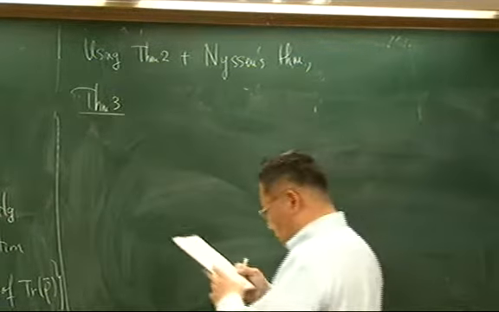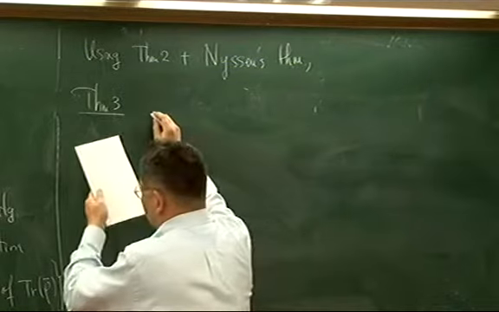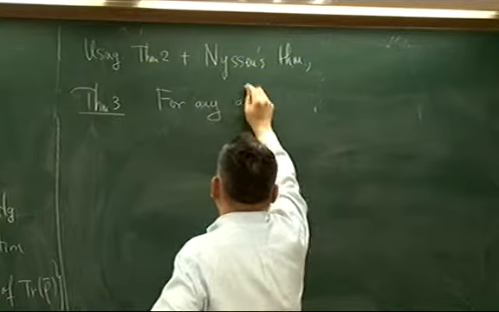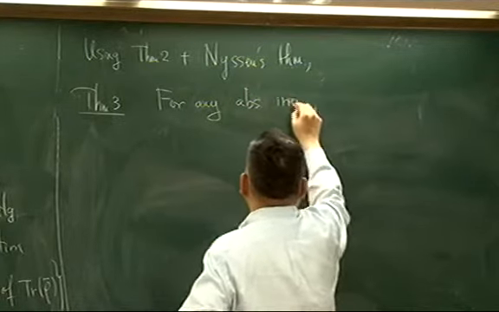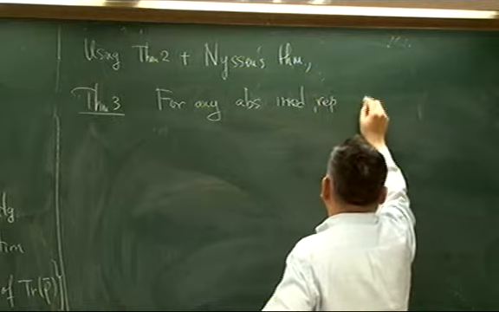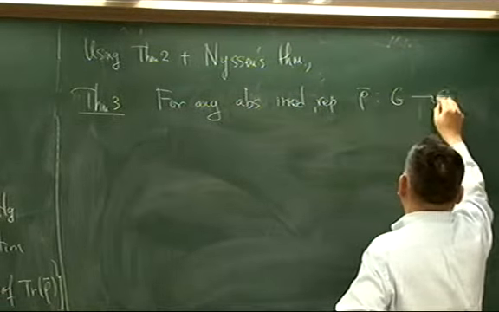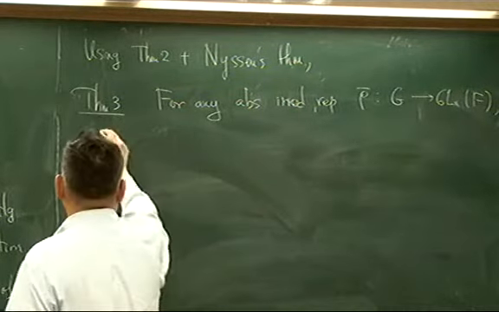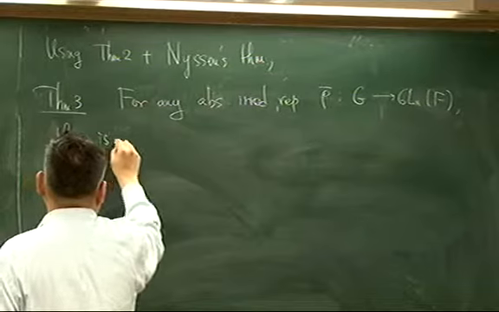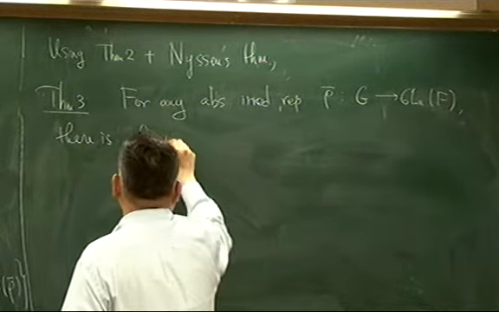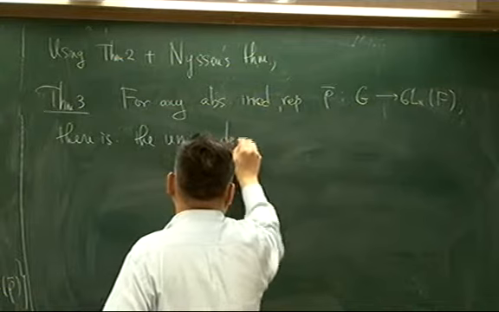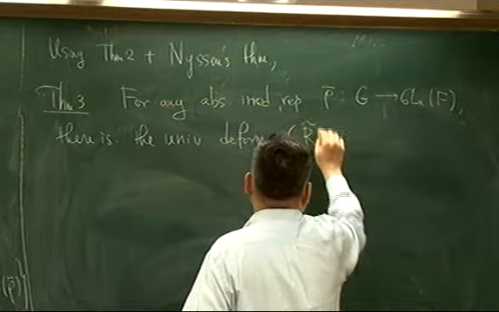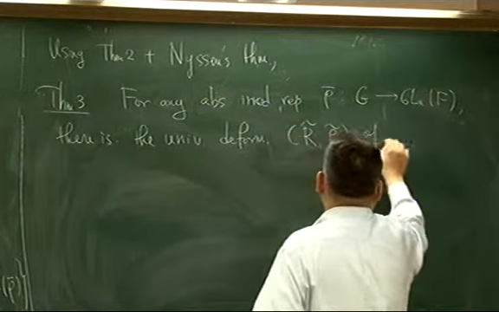It's very concrete. Theorem 3 is that for any absolutely irreducible representation rho bar from G to GL_N(F), there is the universal deformation R tilde, rho tilde of rho bar.